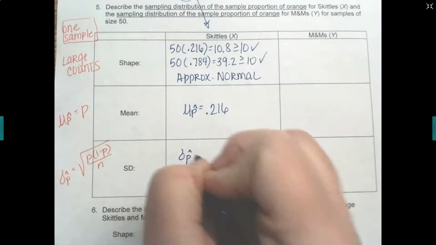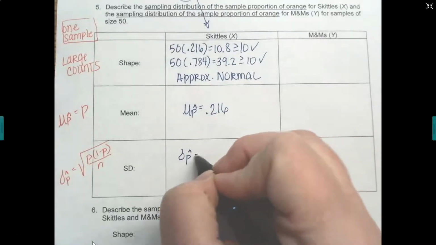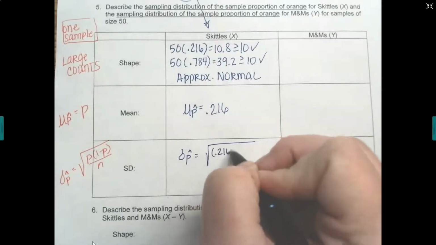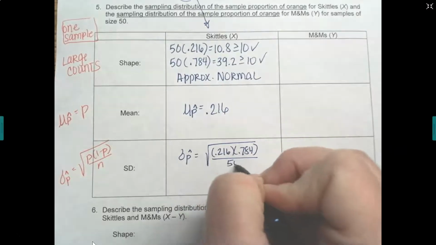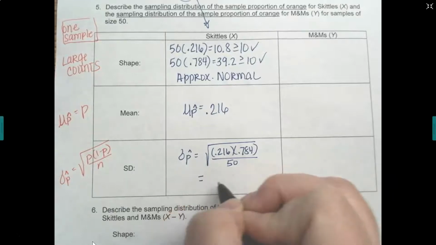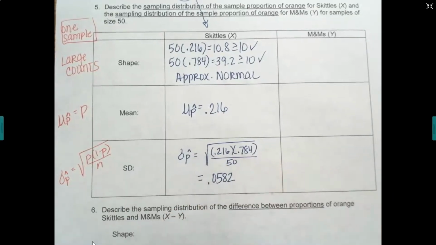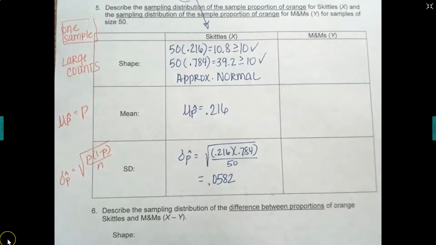The standard deviation of our sampling distribution for Skittles will be the square root of success times failure divided by sample size. And I got 0.0582.